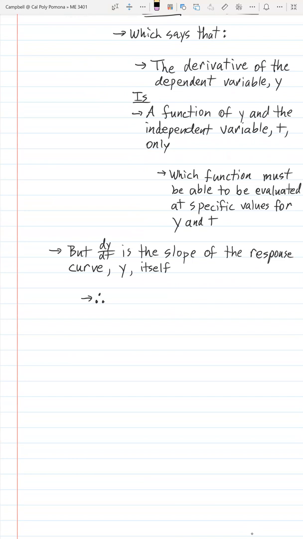That means that that slope gives us the direction of the system response at the current state.